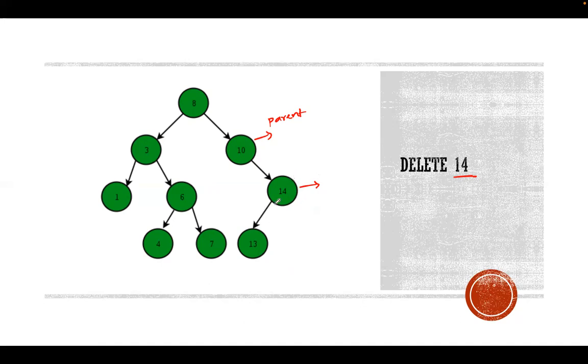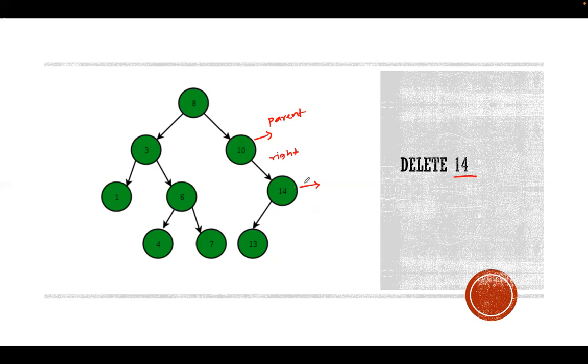After we delete 14, we have to adjust the link of the parent. Instead of 14, it is going to point to something else. 14 is the right child here, so the right child will be something else, actually the child of 14.